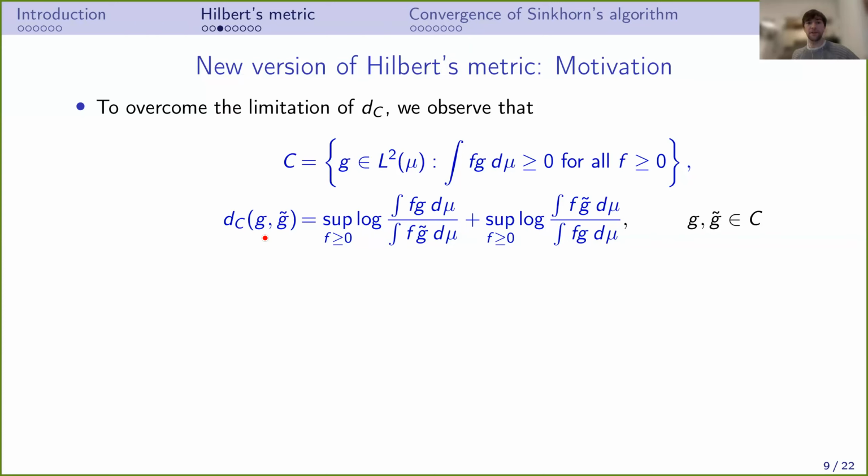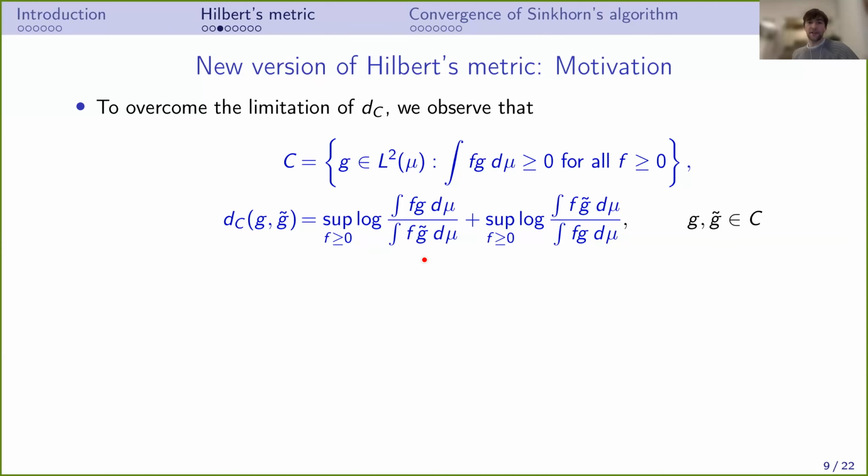Analogously, this Hilbert metric between g and g tilde can also be written, instead of this infinity norm of the fraction between g and g tilde, as the supremum over all the test functions. And here, instead of the infinity norm of the fraction, we can write this fraction of the integrals fg d mu divided by fg tilde d mu.